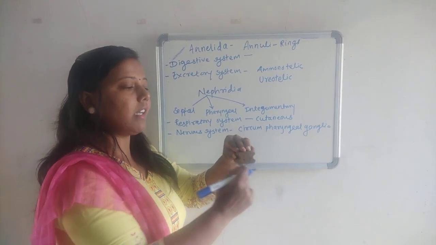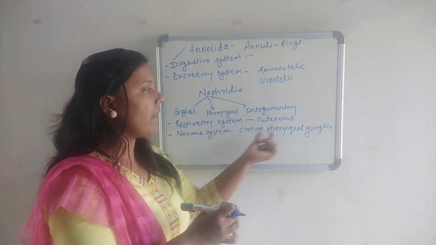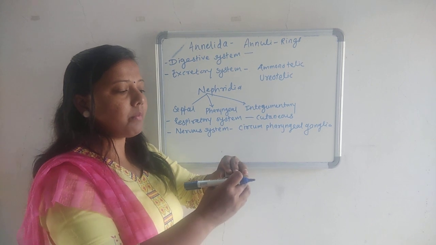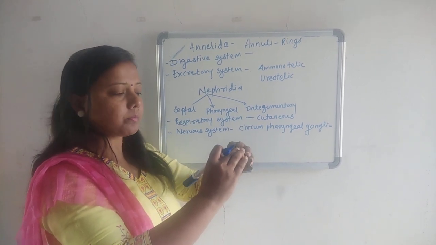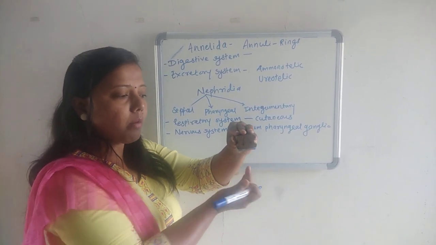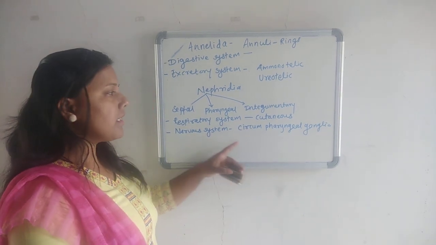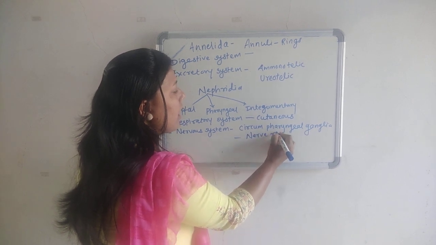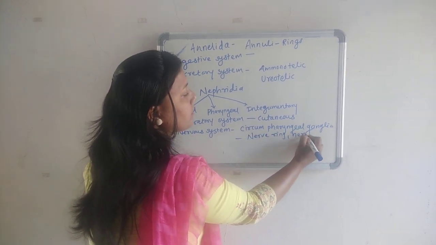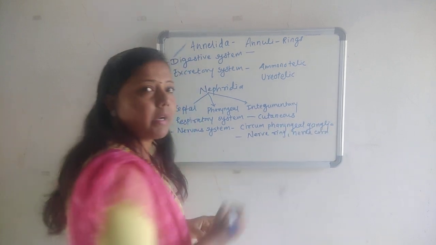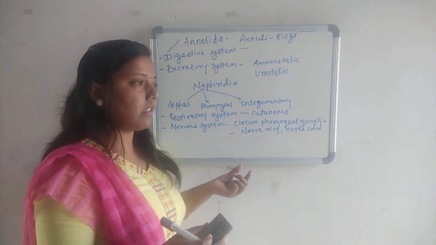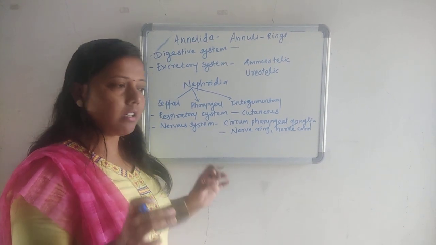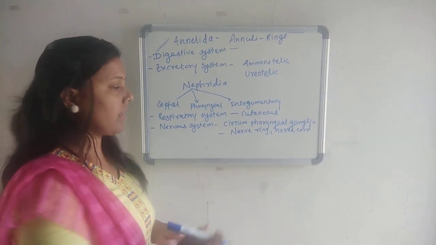Whatever this ring-like structure is, it's called the circumpharyngeal ganglion, also called the nerve ring. The same nerve ring continues on the ventral side in the form of the nerve cord. So the nervous system is made up of the nerve ring and nerve cord. In each segment, different nerves arise from the nerve cord which innervate different organs of the body.